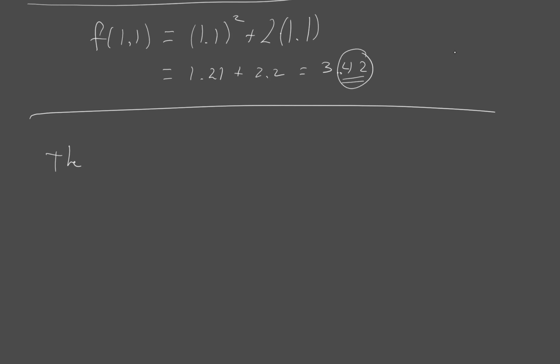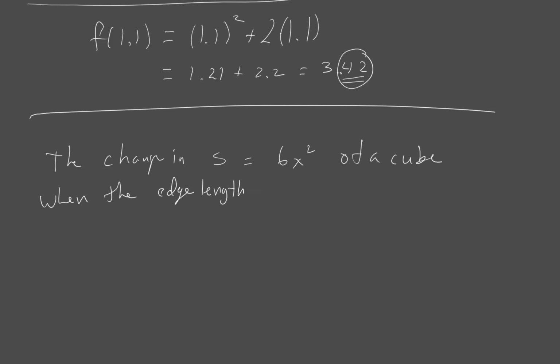The change in surface area, which is equal to 6x squared for a cube, when the edge length changes from x naught to x naught plus dx.